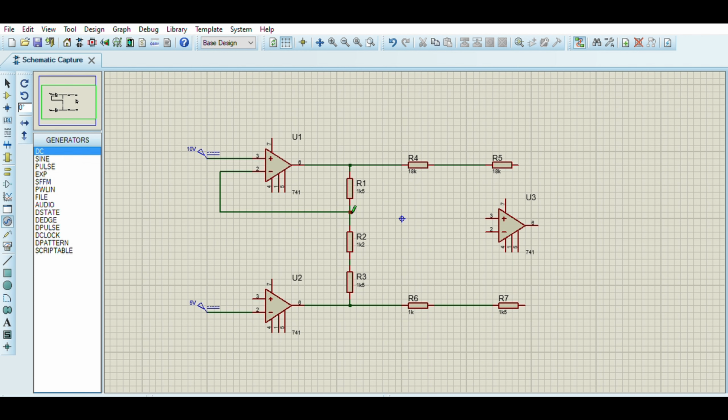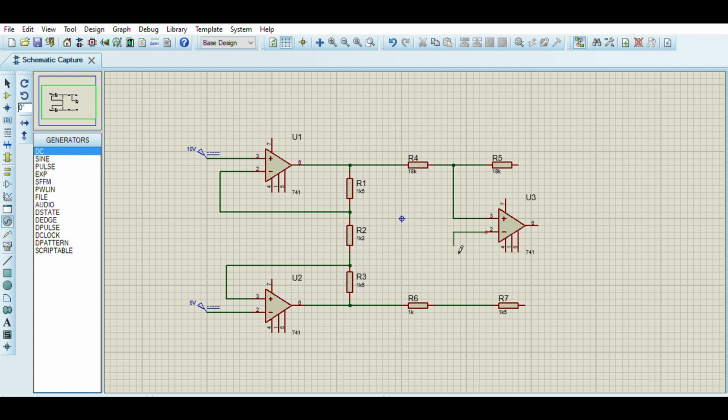To the resistor and another one. And this op-amp is connected to this resistor.